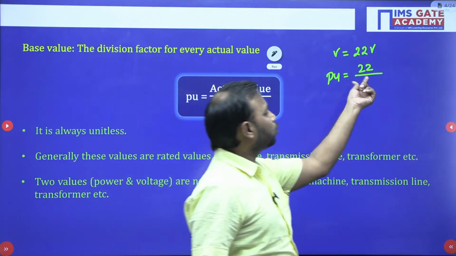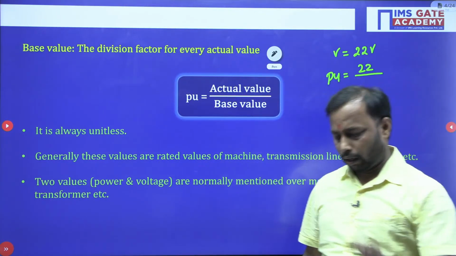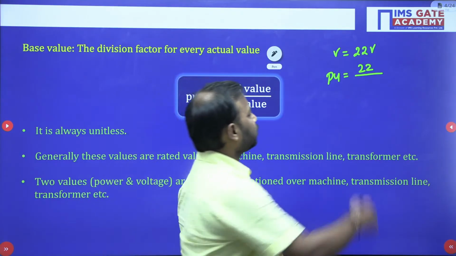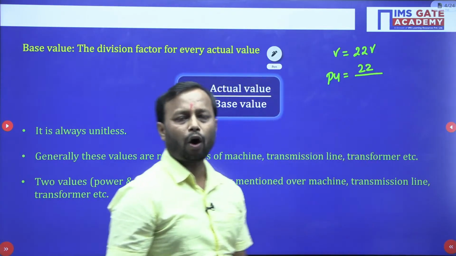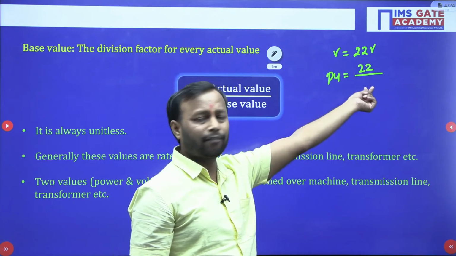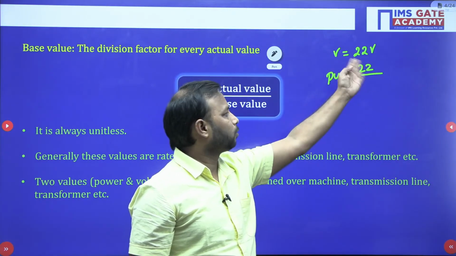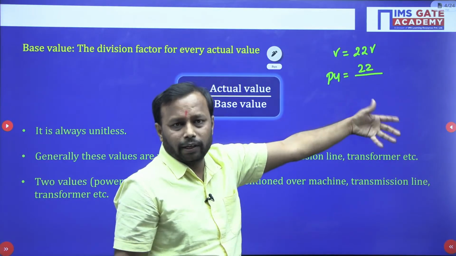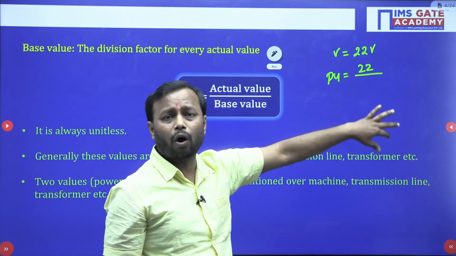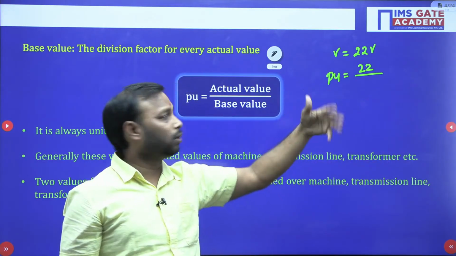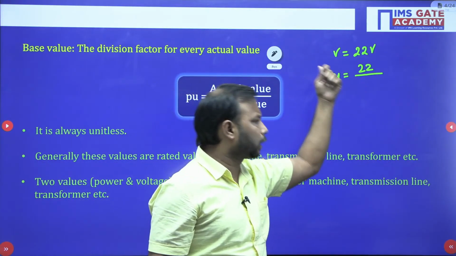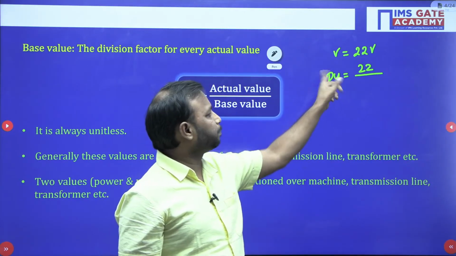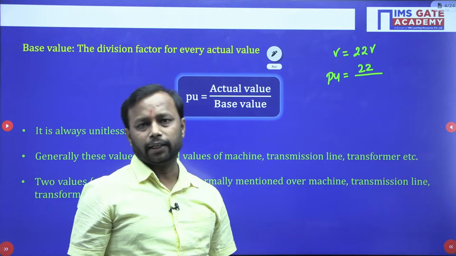So what value should I take such that my calculation becomes very easy? Definitely I can choose a multiple of 22, like 11, which is half of 22, or 22 itself, or 44, and so on, such that the per unit value will come to an integer.